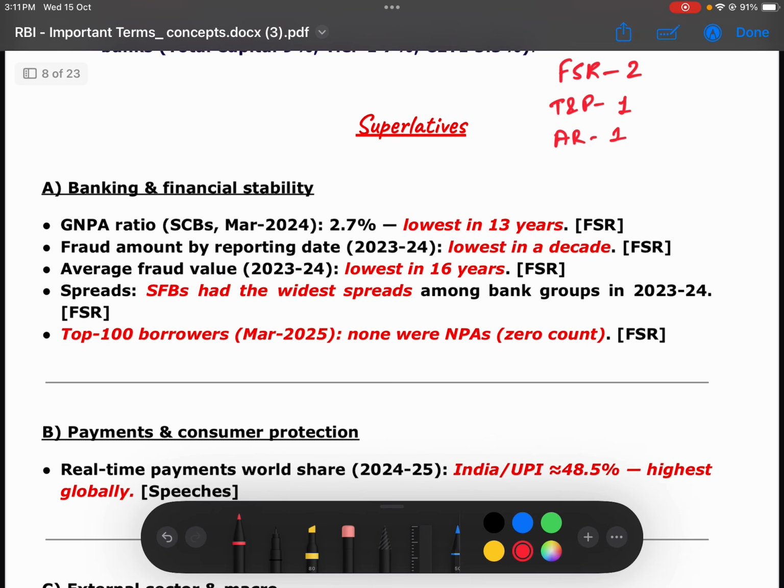The gross NPA ratio in March 2024 was 2.7% only, and it was the lowest in the last 13 years. So it is an important figure. Similarly, fraud count by reporting was also the lowest in a decade, and average fraud value was the lowest in 16 years. So this figure is actually very important.